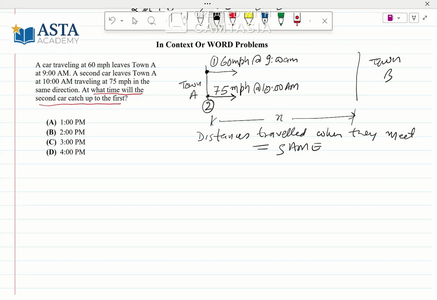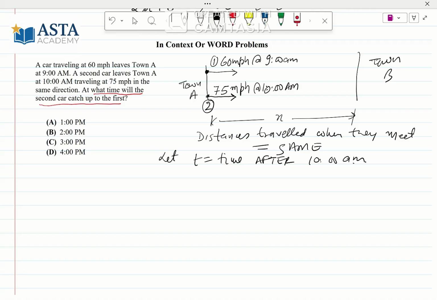Now the first one is traveling at 60 miles per hour. Let's say we need to define something here. Let t be the time after, let's say, 10 a.m. You can take it as 9 also, it doesn't matter, the answer will be the same.